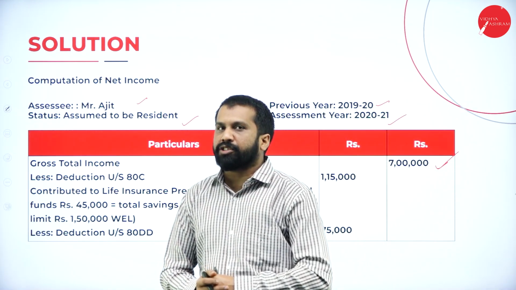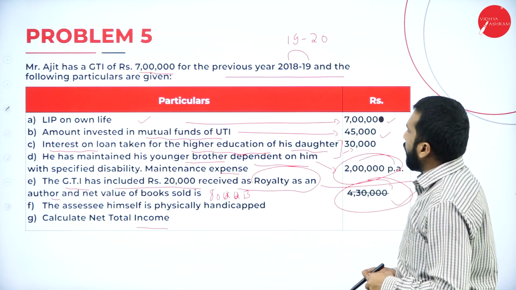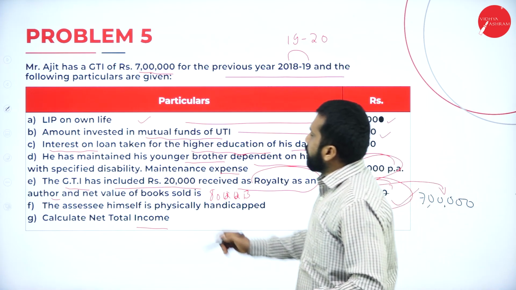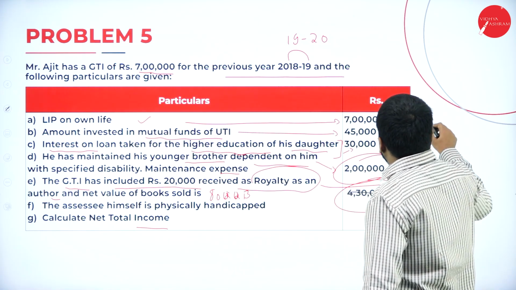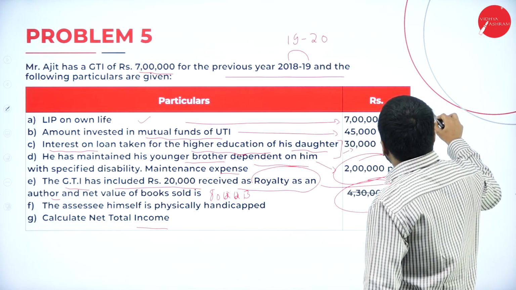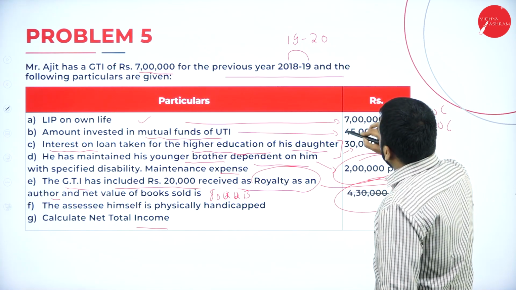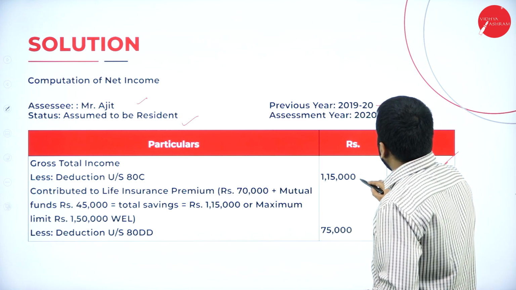What is the first deduction? 80C. I'll go back. 80C you have in this amount invested in mutual fund, LIP own life. 80C. 70,000 plus 45. How much it is?